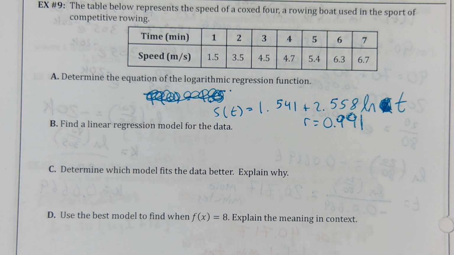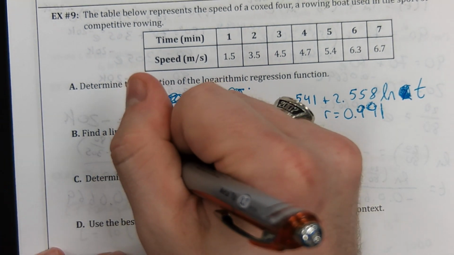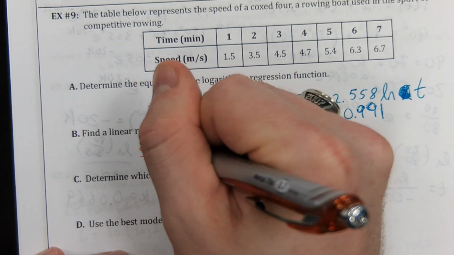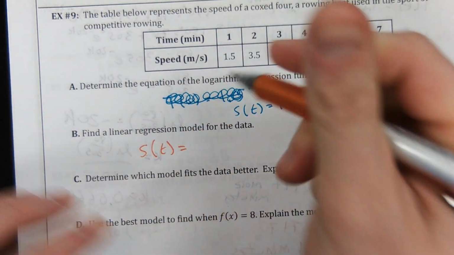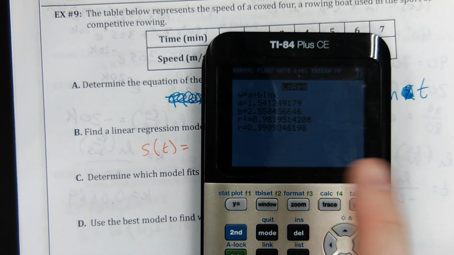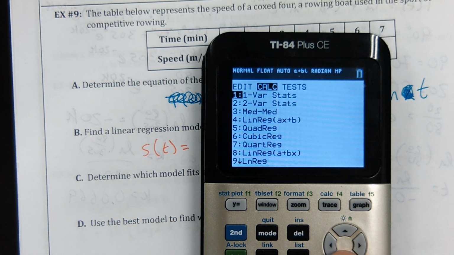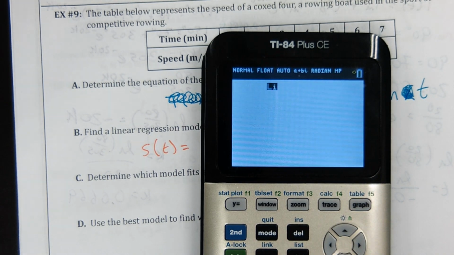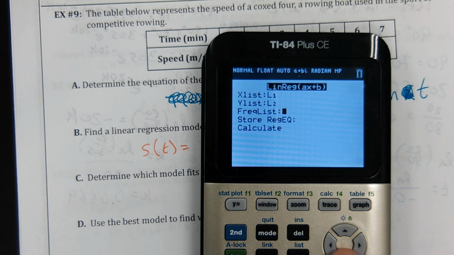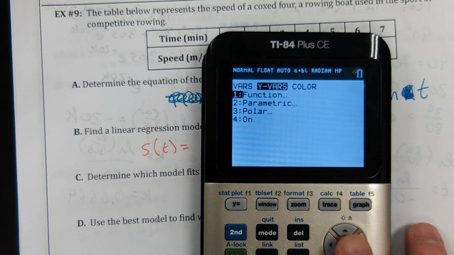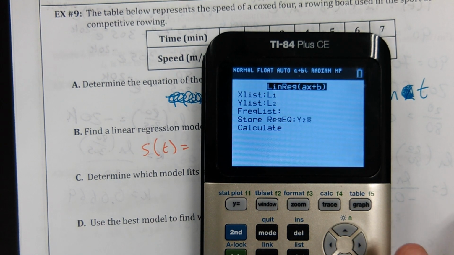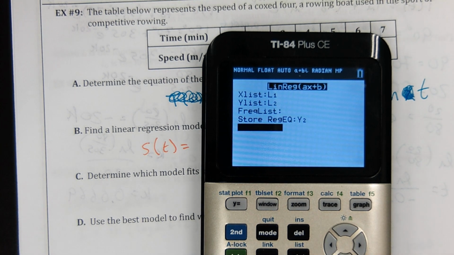Okay. Now a linear model. Let's get the linear model. Speed after a known time is... So stat calc linreg, and store this one as y2, vars yvars function y2, because I don't know which one I need to use. It's a lie. I do know because I taught this the second period.